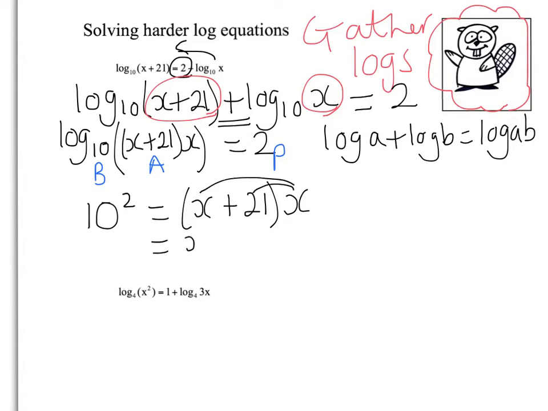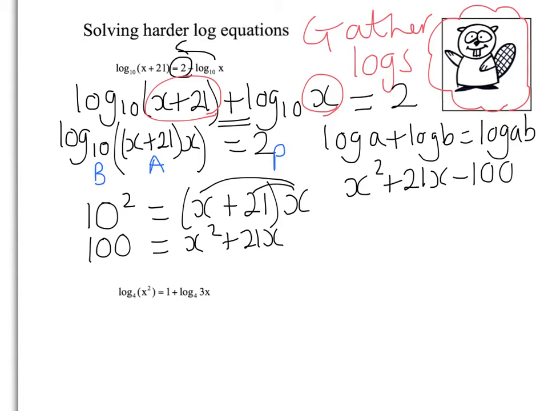And now this is actually just really simple. If we times it out, it's going to give us x squared plus 21x equals 100. And then we're going to get x squared plus 21x minus 100 equals 0. And therefore we're just going to a quadratic. Okay, let's have a think about how this solves. It's going to be a 25, isn't it, and a 4.